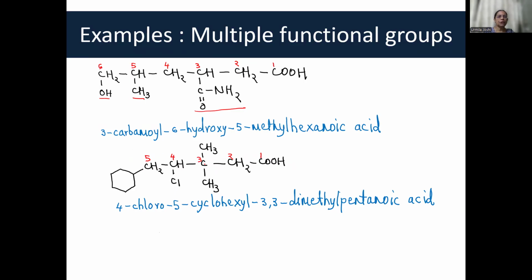Substituents are at 3 position, 4 position, and 5 position. Okay. Now arrange them alphabetically. It is 4-chloro, 5-cyclohexyl, 3,3-dimethyl. You don't have to take into consideration di. It is the alpha. When arranging alphabetically, it is methyl. So it is 4-chloro, 5-cyclohexyl, 3,3-dimethyl pentanoic acid. I hope I'm making myself clear.